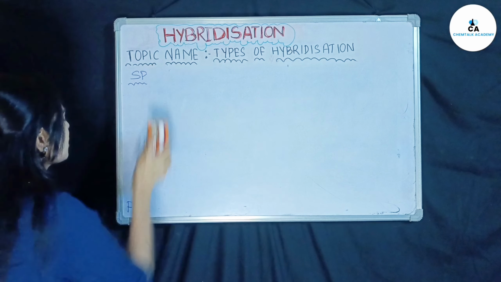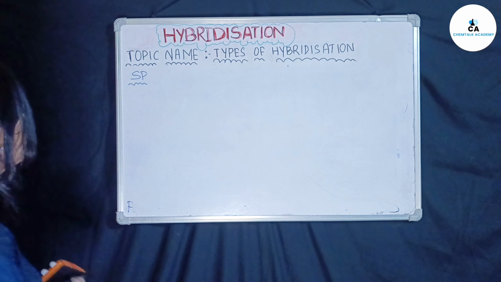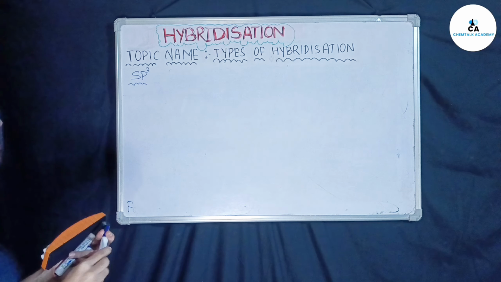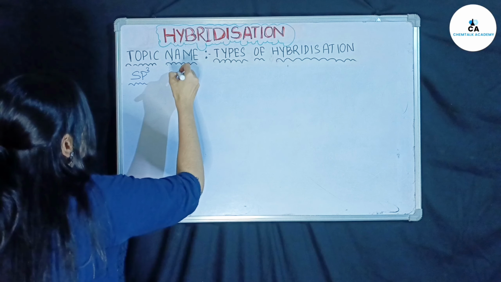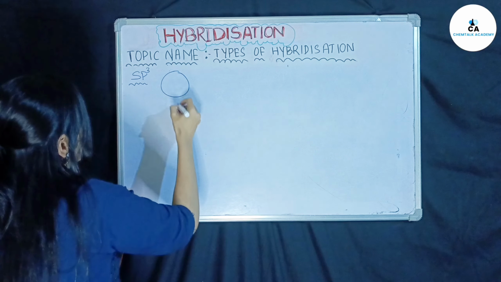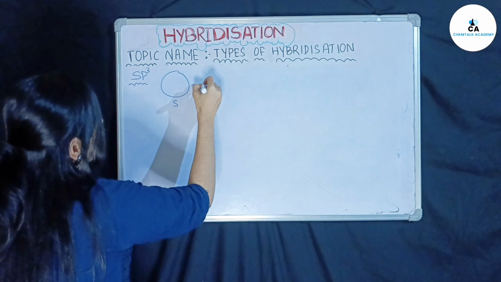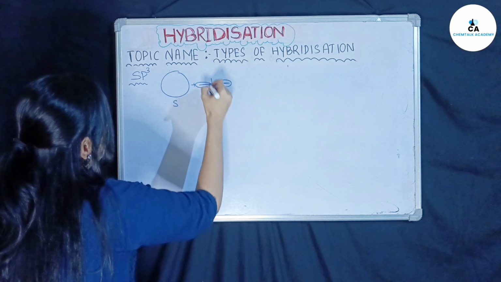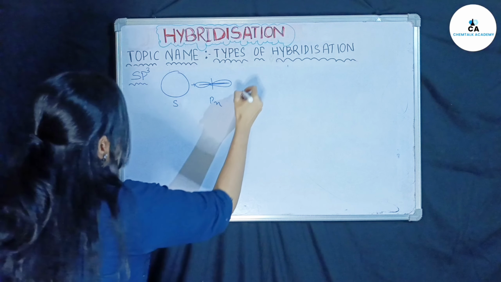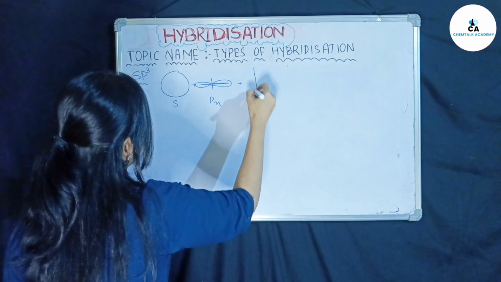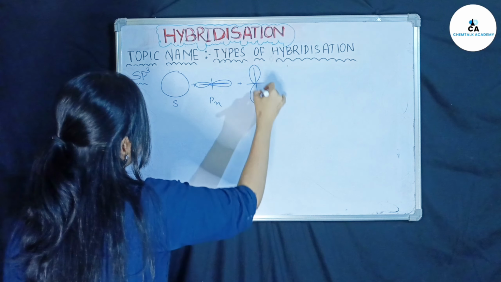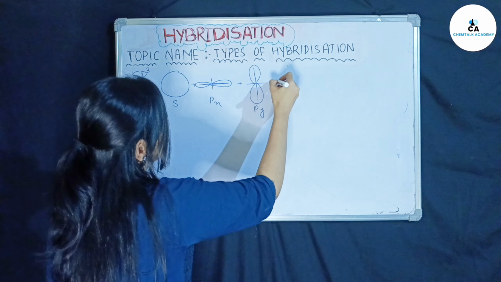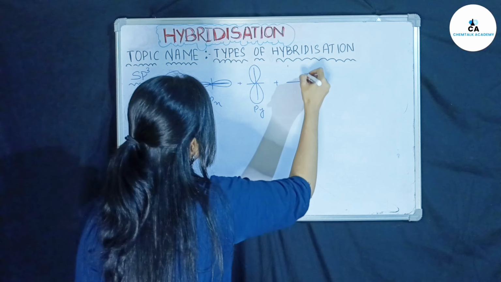So let's go for the third variety, that is sp3. sp3 is like the first two. One s orbital and 3 p orbitals: px, py and pz.